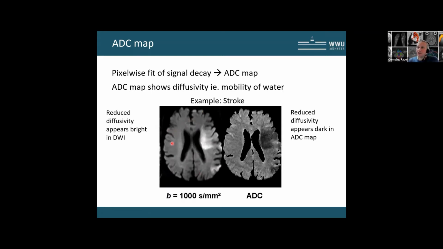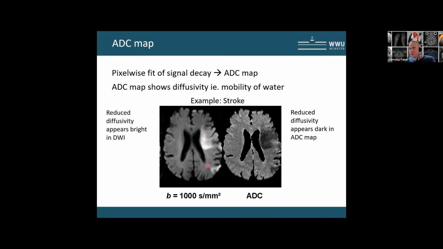You obtain an image, and what you see here is suddenly bright regions popping up. And these are regions with reduced diffusivity. So there, the stroke is located, the cells are swelling, the water is hindered in diffusion, it cannot diffuse as much, so the signal decay is slower or less pronounced, so the diffusivity is reduced, and this area appears bright in the diffusion weighted images.